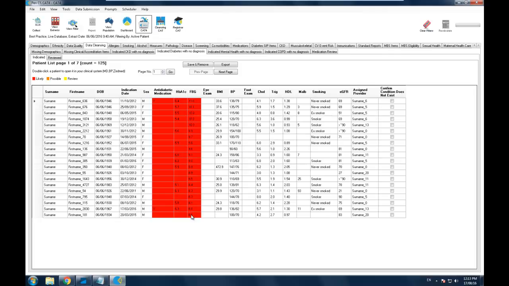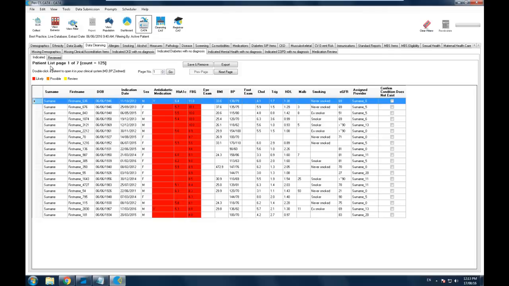So if they're above, I think it's about 7. It's in our user guides. It will tell you the actual values. But the first patient here up top, he's taking anti-diabetic medication. He had an HbA1c of 6.4, a fasting blood of 11. So the likelihood that he actually has diabetes is probably quite high. But again, this is a person without a coded diagnosis for that.